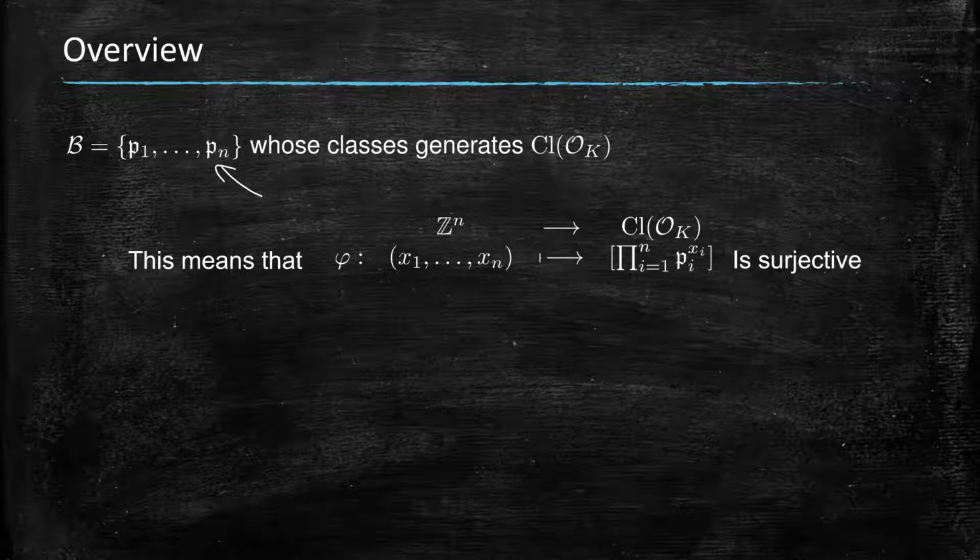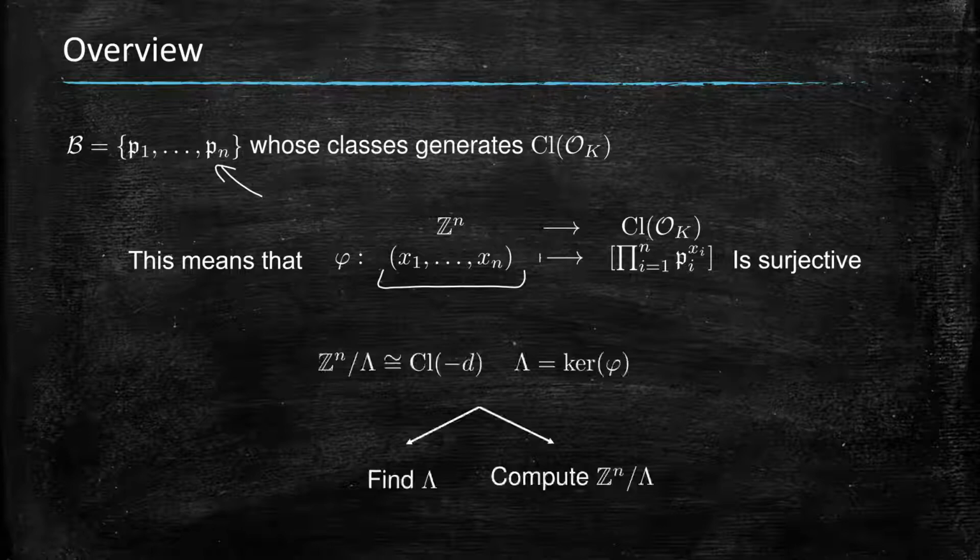Those classes are assumed to generate the ideal class group, which means that we have a surjective morphism that takes a vector of n entries and maps it to the power product of the p_i corresponding to these powers. That is surjective, and so the kernel of this map gives us exactly the structure of the class group via the quotient of Z^n by that kernel.